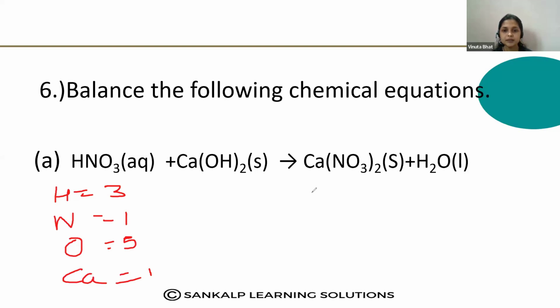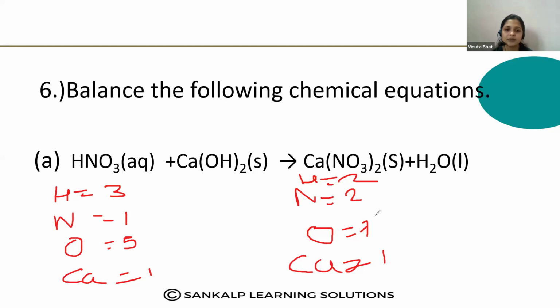Okay. Here, calcium, that is 1. Then oxygen is 6 plus 1, 7. Oxygen is 7 in the product, and nitrogen is 2, and hydrogen is 2.